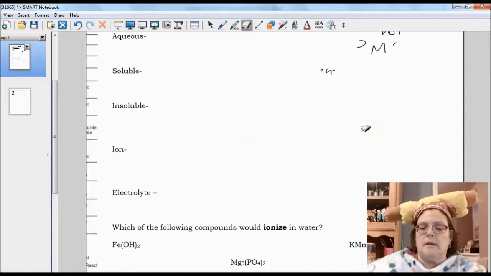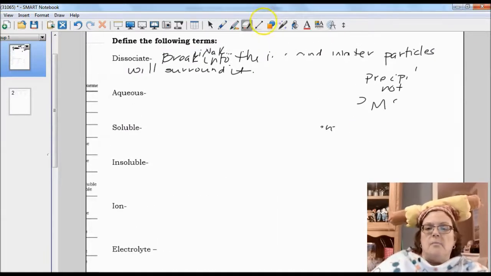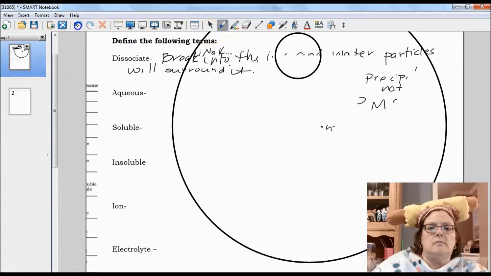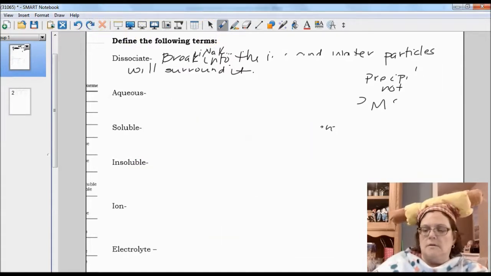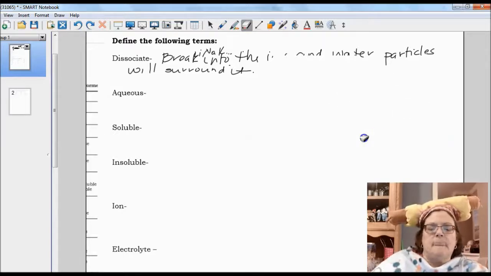All right, I didn't do a real good job of that, but oh well. Let's talk about some of these other words, definitions. Aqueous. Aqueous means it will dissolve in water.